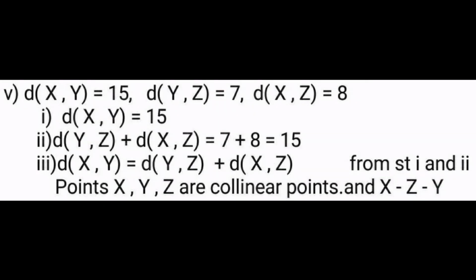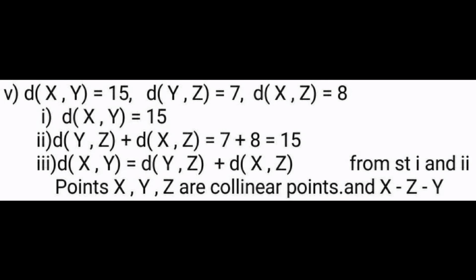Distance XY is 15, distance YZ is 7, distance XZ is 8. You have to justify whether the points X, Y, Z are collinear or not. So first we'll find out the largest distance, that is distance XY. How much is it? 15. Second statement, the sum of the remaining two distances, that is distance YZ plus distance XZ. Again it is 7 plus 8, 15.